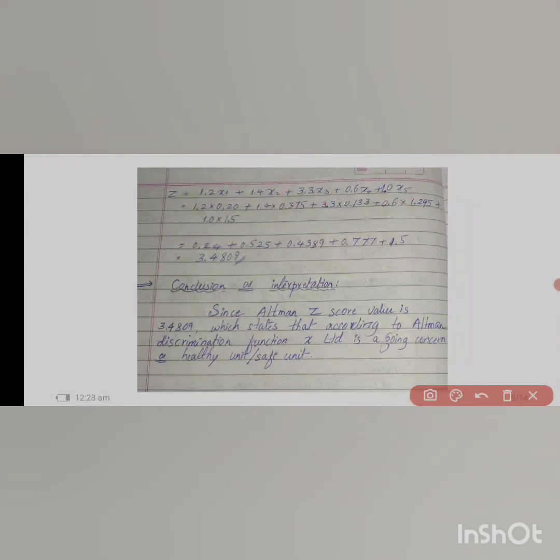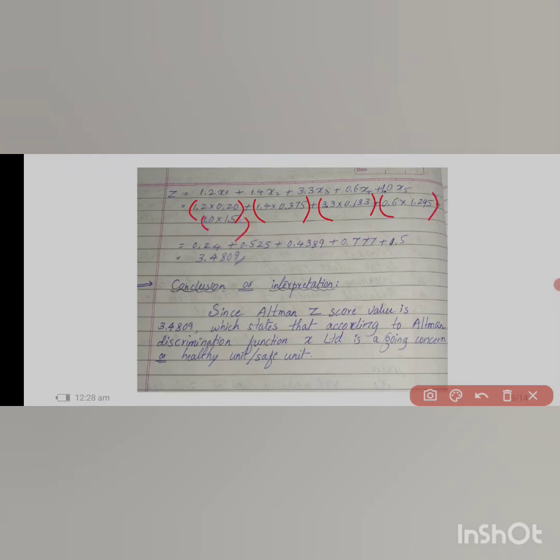So 1.2 as it is, multiplied by the X1 value 0.20, plus 1.4 as it is, multiplied by the X2 value 0.375, plus 3.3 multiplied by the X3 value 0.133, plus 0.6 multiplied by the X4 value 1.295, and finally 1.0 as it is, multiplied by the X5 value 1.5. So you just have to multiply these values.